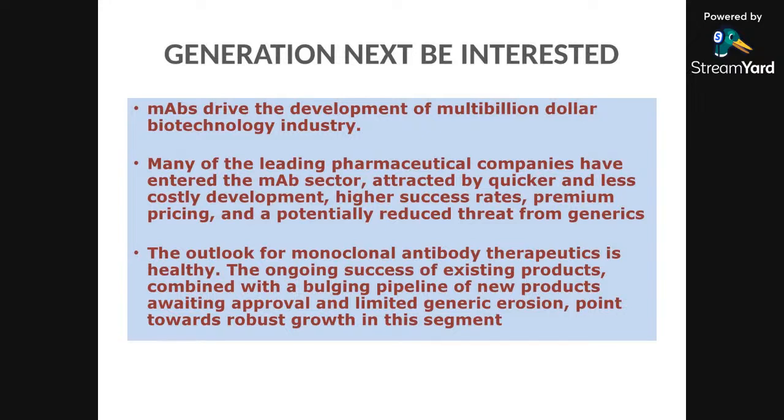It has driven the development of a multi-million dollar biotechnology industry, with a high success rate, premium pricing, and potentially reduced threat from generics. Many of the leading pharmaceutical companies are entering the monoclonal antibody sector, attracted by quicker and less costly development, high success rate and premium pricing.